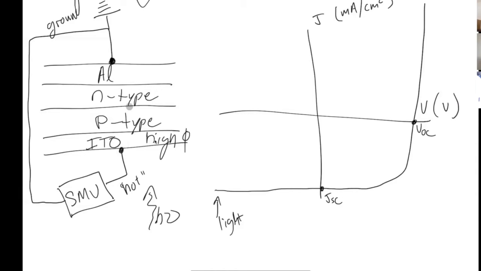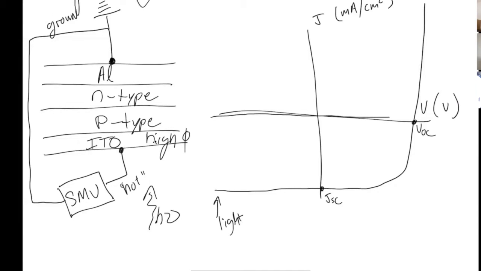So you probably only have to have this be half the required thickness because you get two chances to absorb the photons. So that's really convenient if you have the aluminum be reflective.